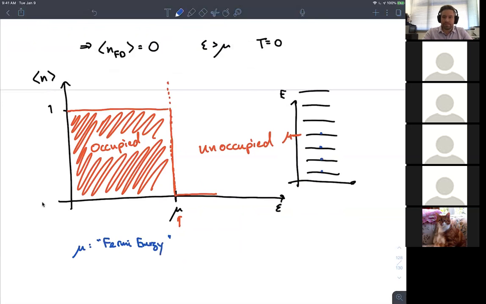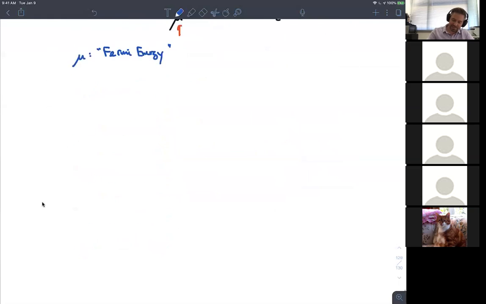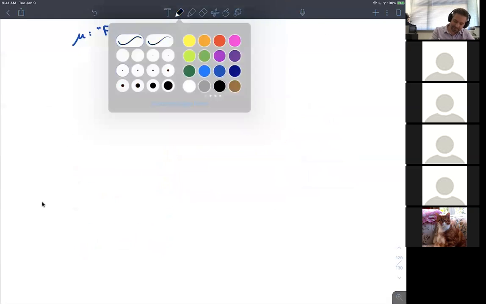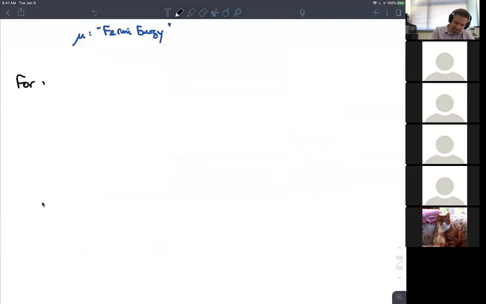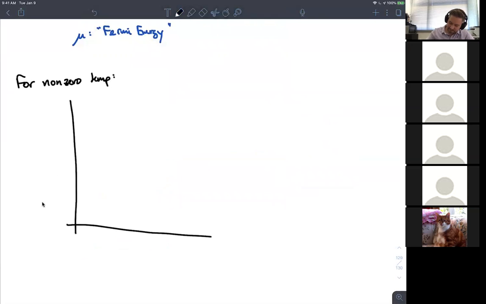Okay, so now, this is what the thing looks like at 0 temperature. What does it look like for non-zero temperature? Again, I'm just going to draw average occupation number as a function of energy. Let's do blue. Blue would make a lot more sense.